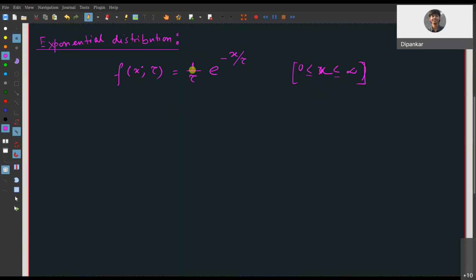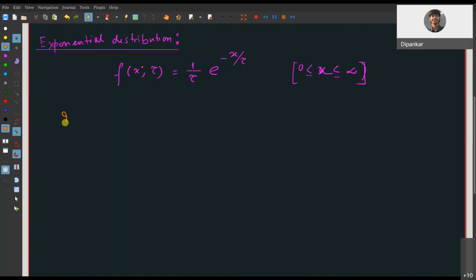So if this x has the unit of time, then this tau can be the mean lifetime. If this x has the unit of length, then this tau can be the average penetration length of a radioactive particle, or the range of this particle. So remember this.